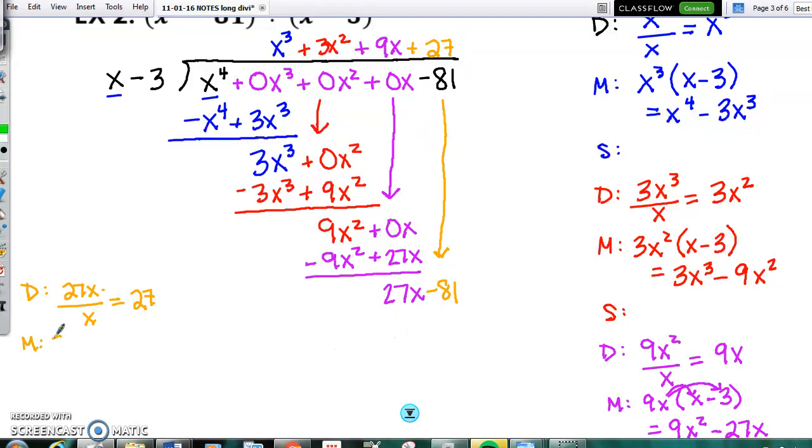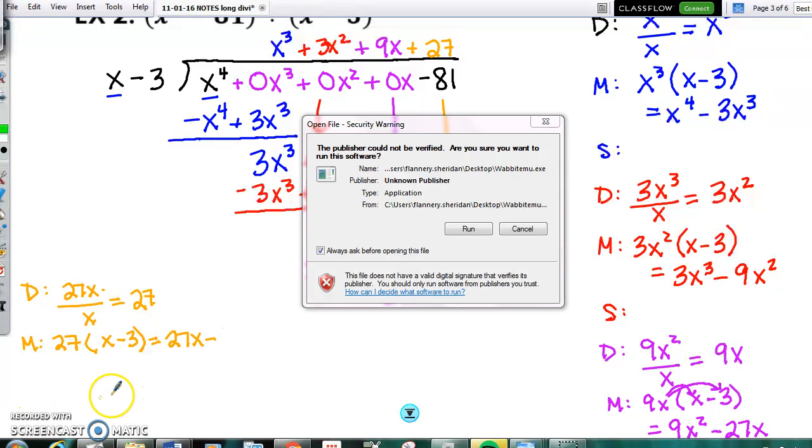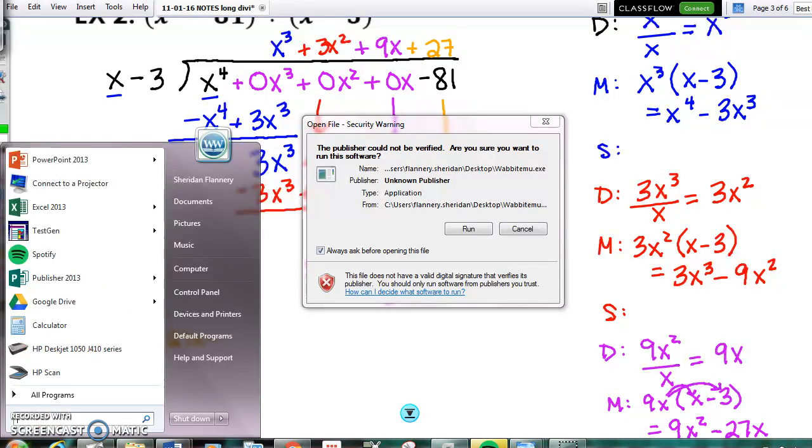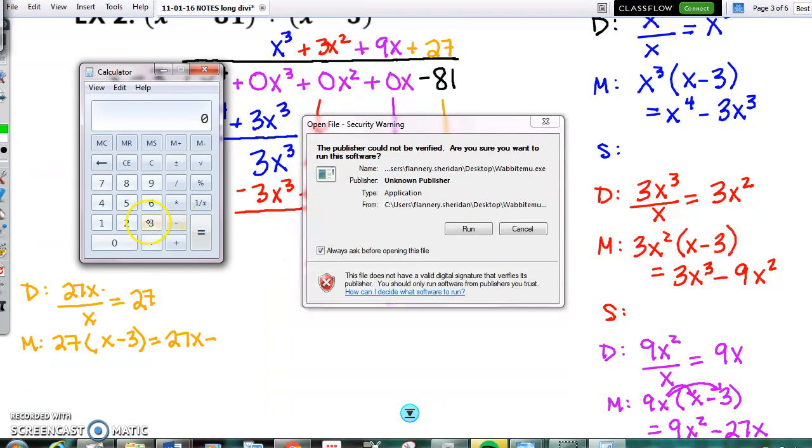Multiply 27 times x minus 3. 27x minus, if you're anything like me, you forget what 27 times 3 is. I shouldn't forget, but you know what happens. So 27 times 3, 81.